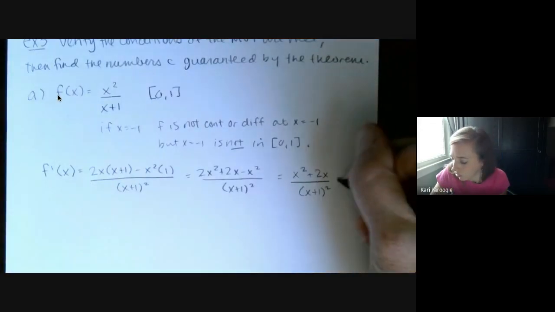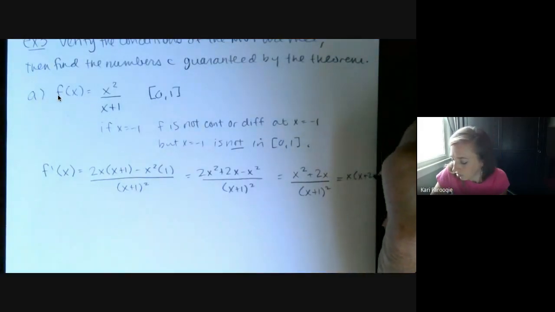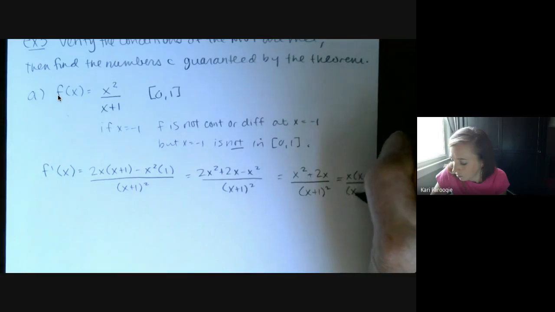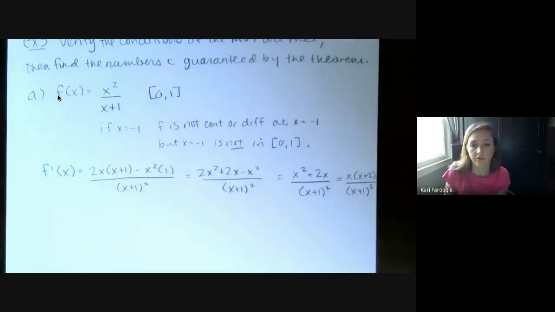If you want, you can factor out an x, and that will leave you with x plus 2. The denominator stays the same. So there's your derivative.